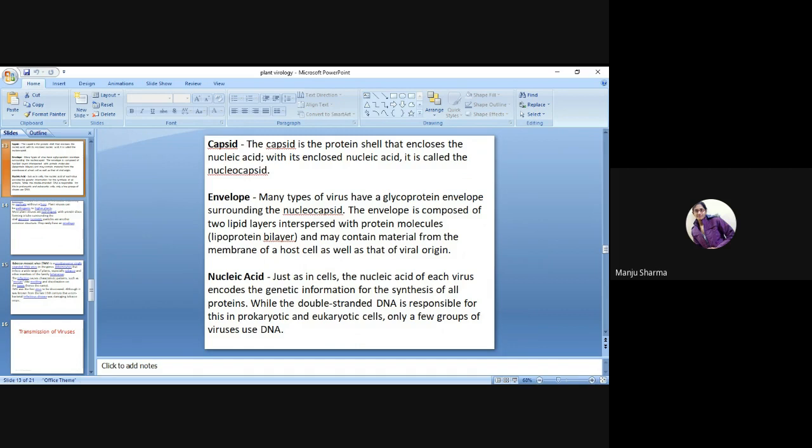Then the envelope. Many types of virus have a glycoprotein envelope surrounding the nucleocapsid.